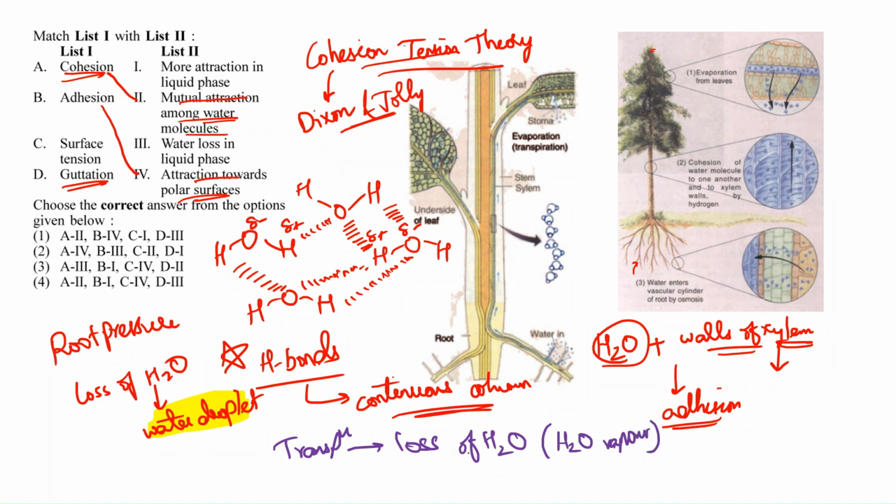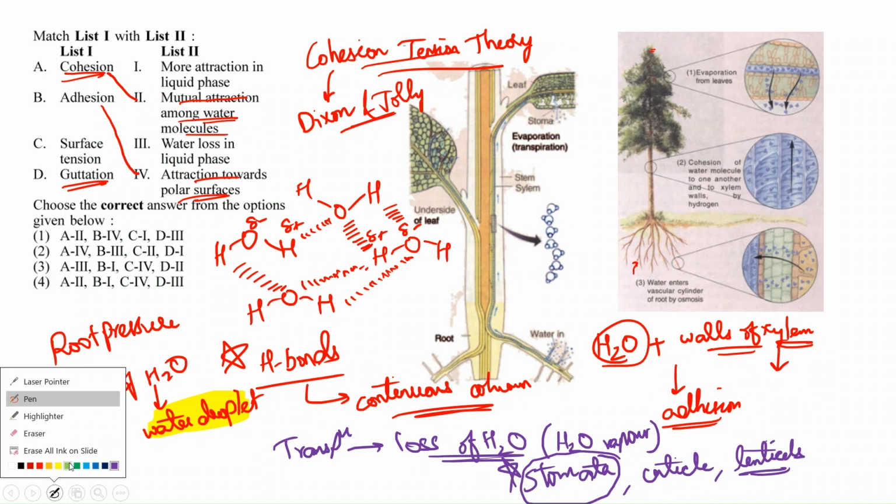It occurs through the stomata, cuticle or lenticels, but major transpiration occurs through stomata, followed by cuticle. Transpiration through lenticels is very negligible.